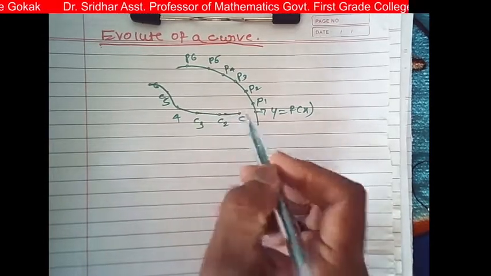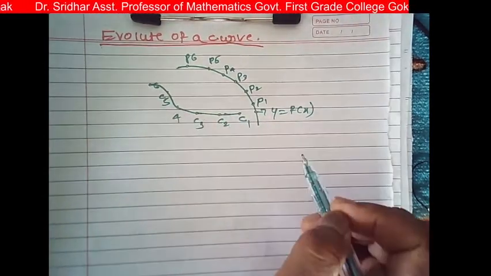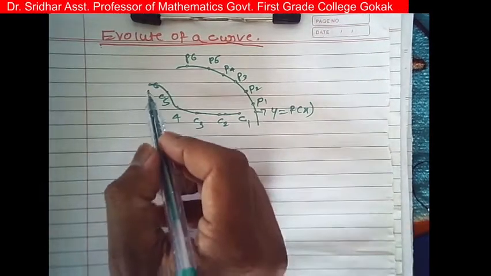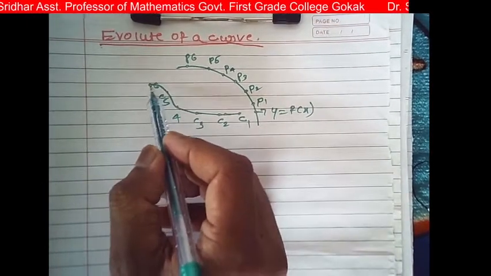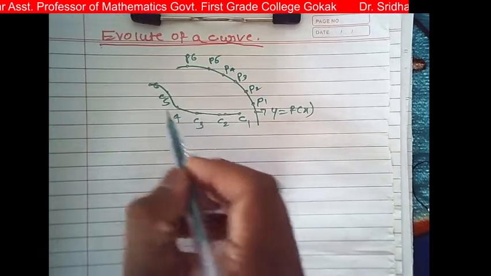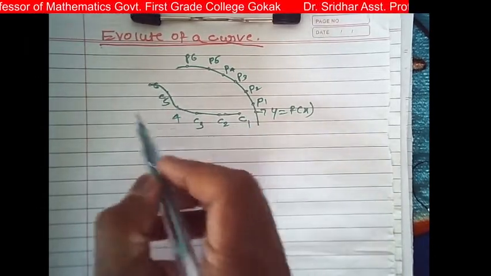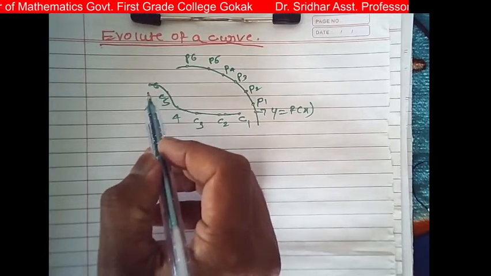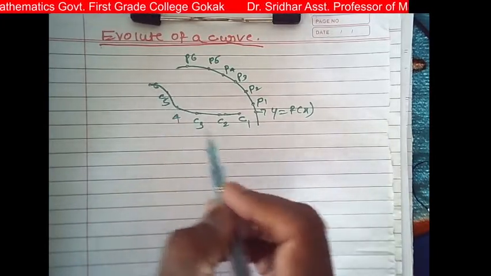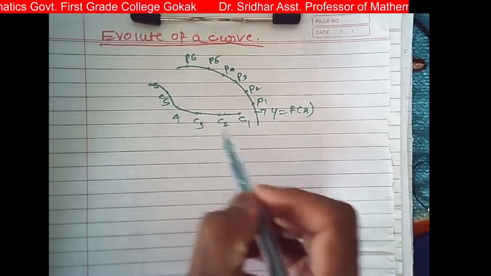Okay, so now after joining, this also becomes a curve. Or in other words, this is also known as locus of the center of curvature.